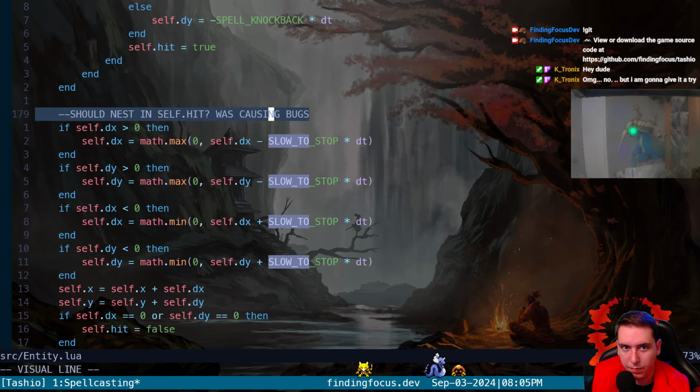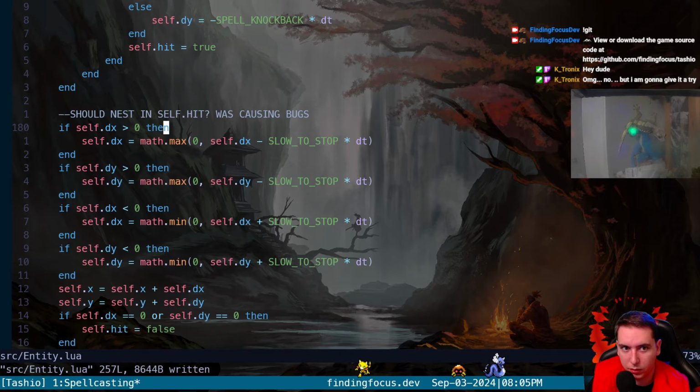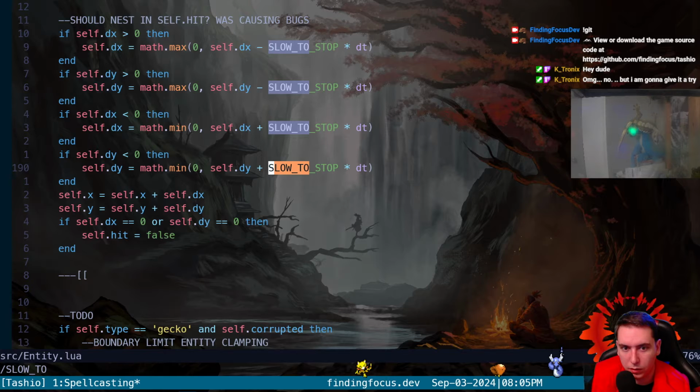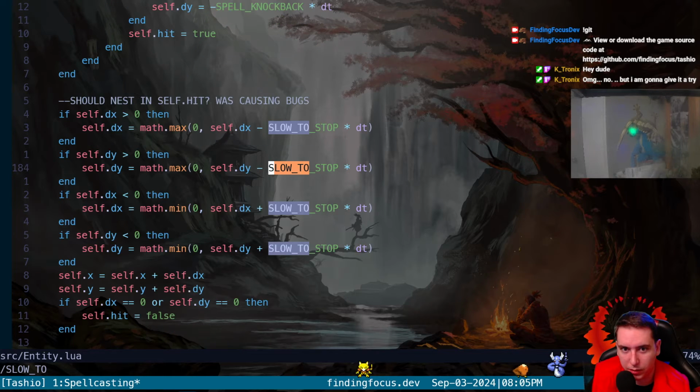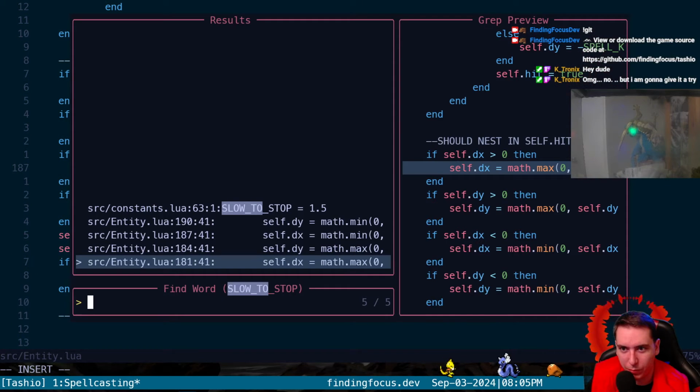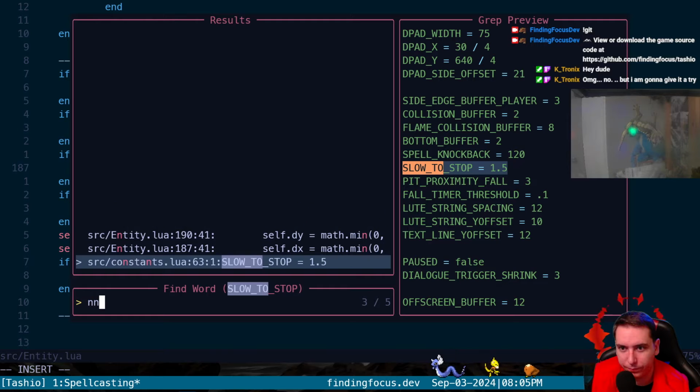Look at this. I have a note here that says was causing bugs. I feel like this is something we just gave up on. I don't remember moving on without fixing this, but we do have a note in here.